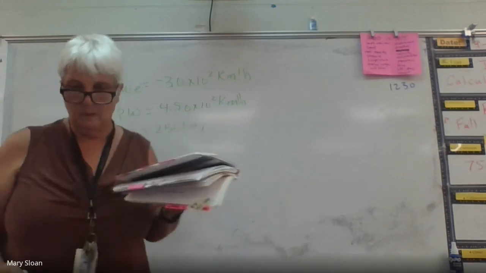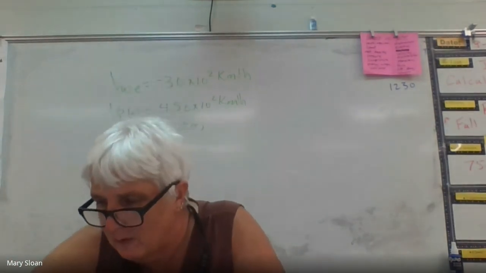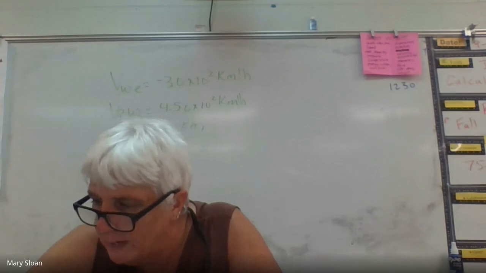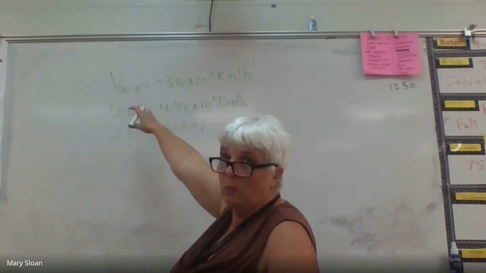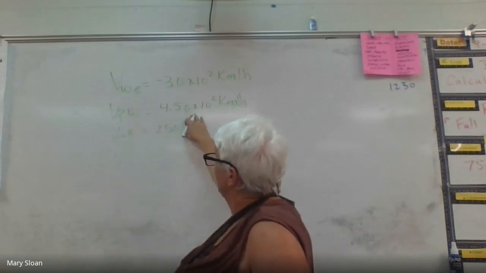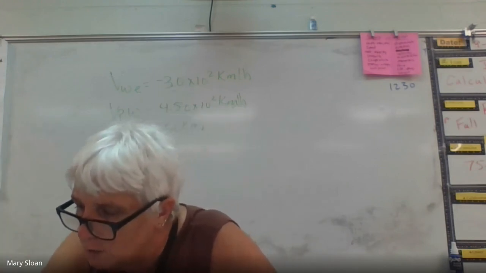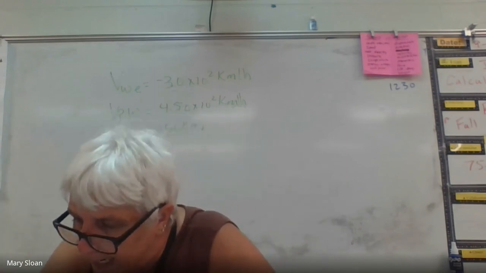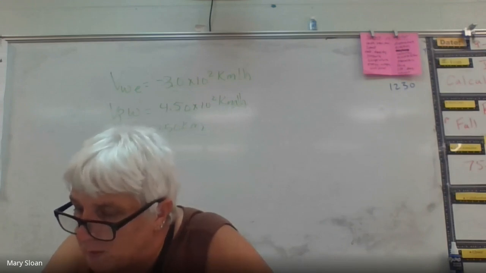All right, if I look at the formula, my 3.0 times 10 to the second is the wind speed, the velocity of the wind. And 4.5 times 10 to the 2, that is the research plane flying against the wind speed.